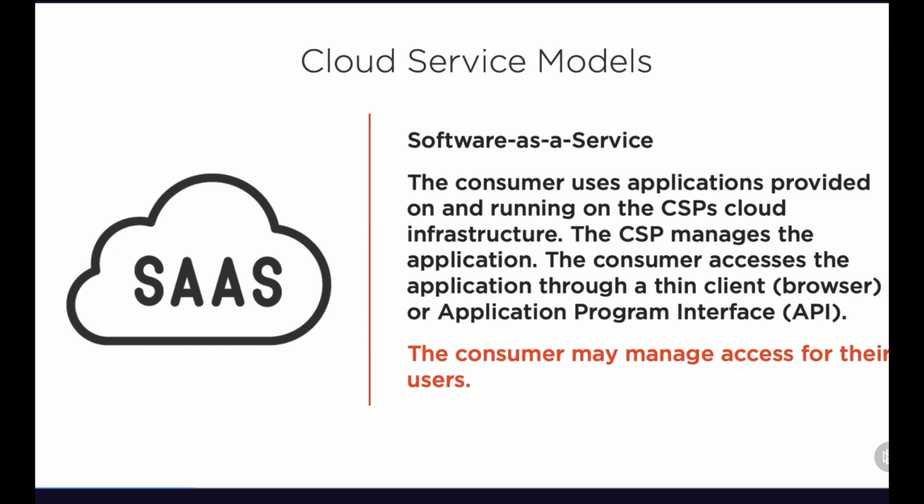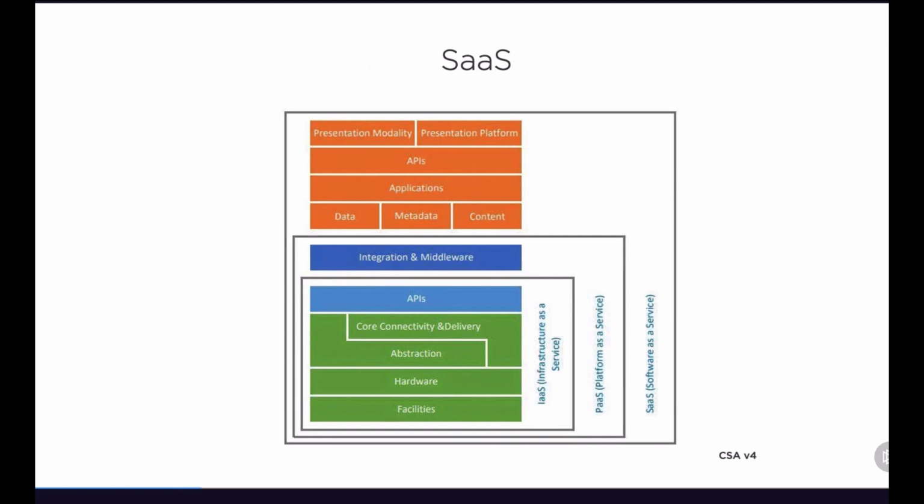In software as a service, we see here the areas that are the responsibility of the software as a service cloud service provider: the actual presentation, how they would interface with the user, and the platform used for that, the application program interfaces to access things like their databases underneath the application, and of course they manage the data, metadata, and content that is available.